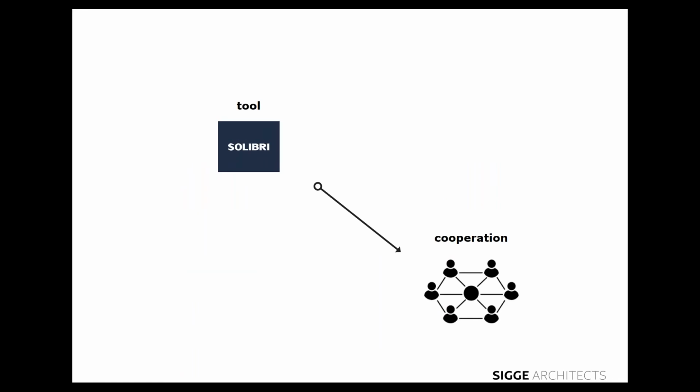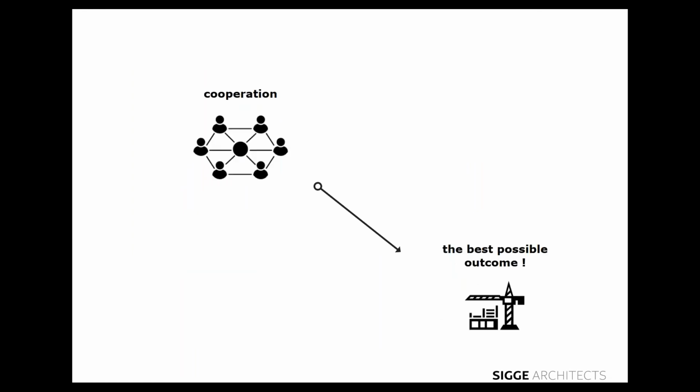But for us, the most important thing is to find a tool which supports the cooperation. With good cooperation, we can achieve all our goals and more. We can end in the best possible outcome.